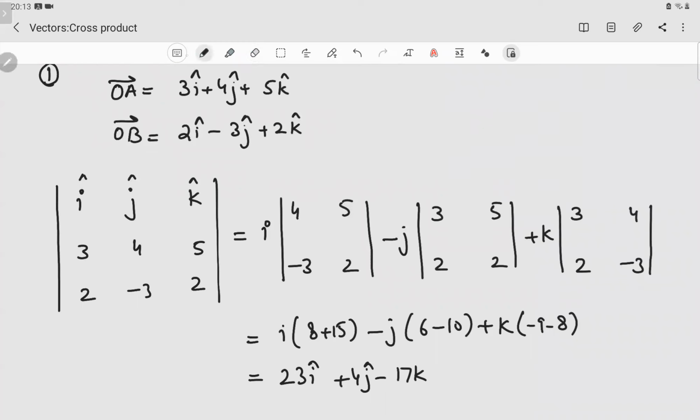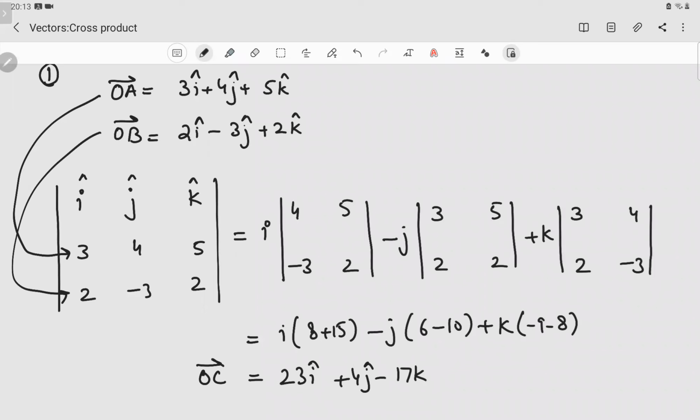OA takes its place in the second row, OB is in the third row, and the first row is i, j, k, and we have obtained another vector. We do not know the properties of this vector. Let's call it OC.